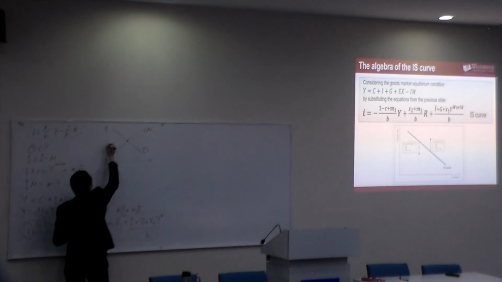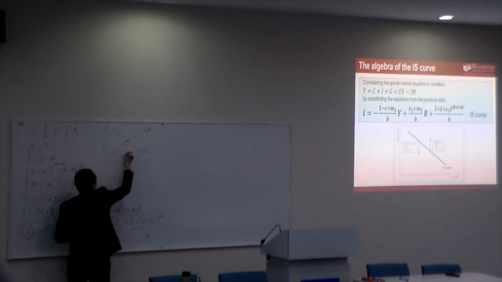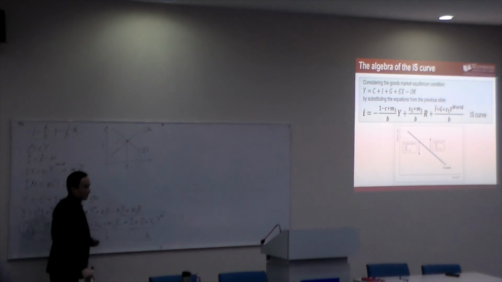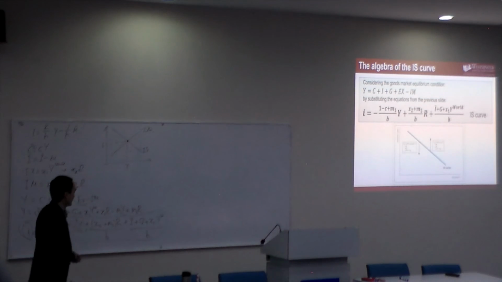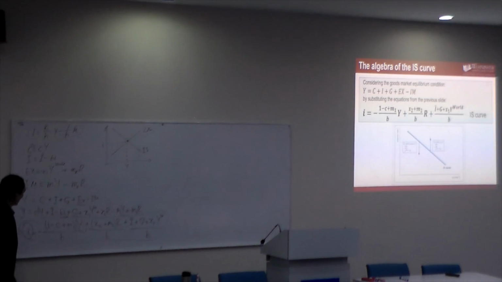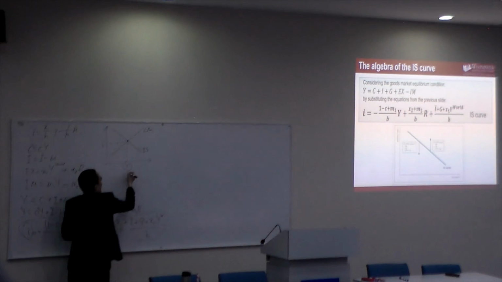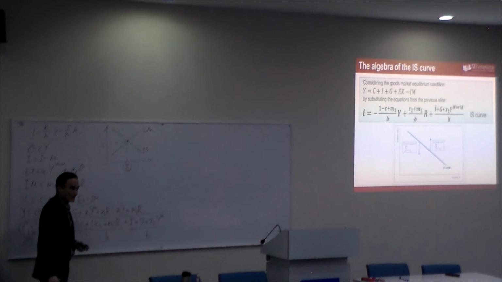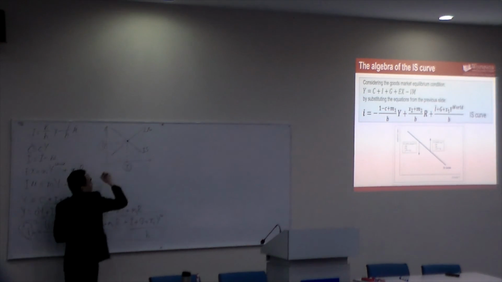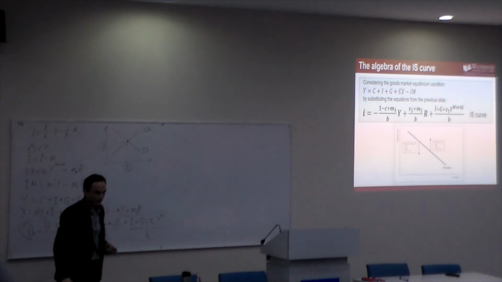It is in equilibrium at this level of interest rate and output. So using these equations, we can derive what our output in equilibrium is, and what the interest rate in equilibrium is equal to.